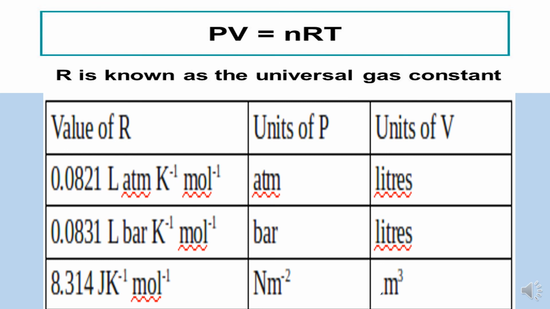Now if we use SI units, that is, pressure in Pascal, 101.325 kilopascals or Newton per meter square, and volume in meter cube, 22.4 multiplied by 10 raised to the power minus 3 meter cube, then the value of R is 8.314 joule per Kelvin per mole. So these three different values of the universal gas constant are to be used while solving mathematical calculations.